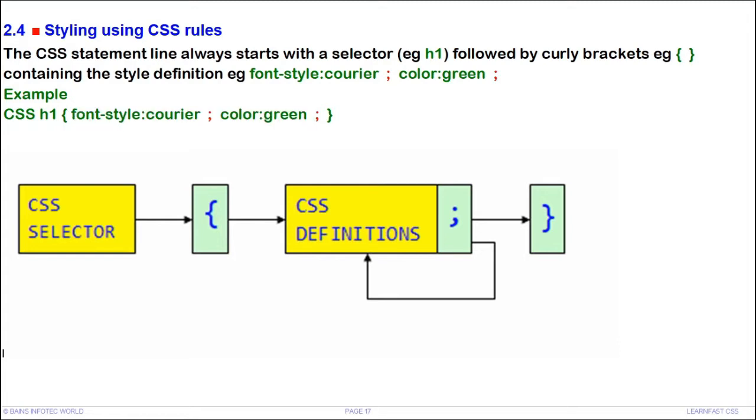This is shown diagrammatically. We have our CSS selector followed by an open bracket followed by a CSS definition. Each CSS definition has a semicolon, and we can then add another CSS definition, looping around in that way as required. And then once we've finished our CSS styling rules, we can put a closing bracket at the end.